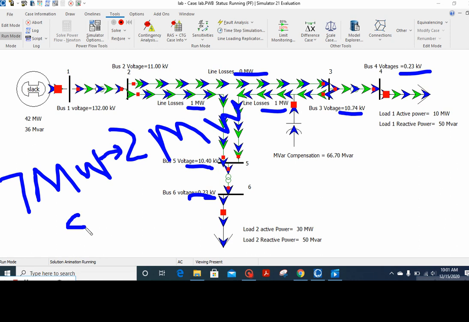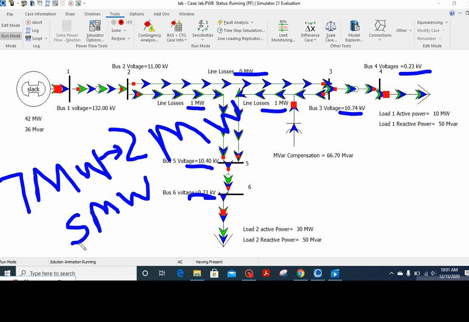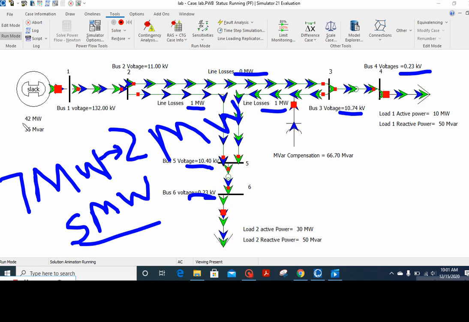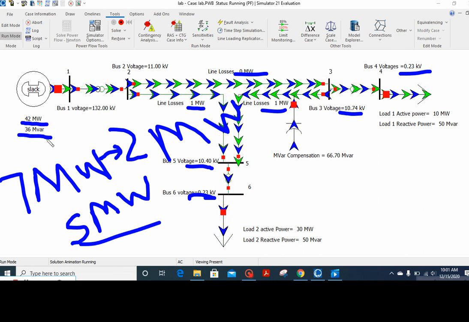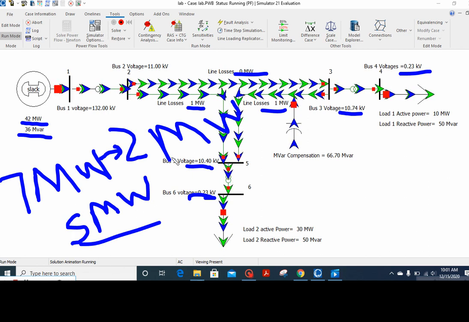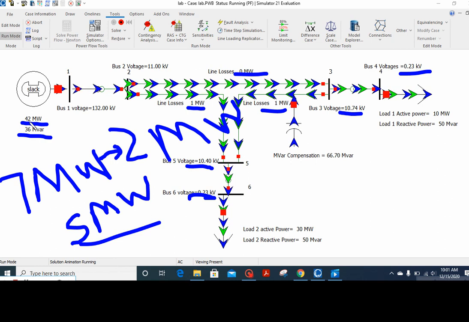So we minimized 5 megawatt of losses in the system. Also the power demand from the generation side is reduced. Our basic demand was 40 megawatt, and now due to 2 megawatt losses our generator is producing 42 megawatt.